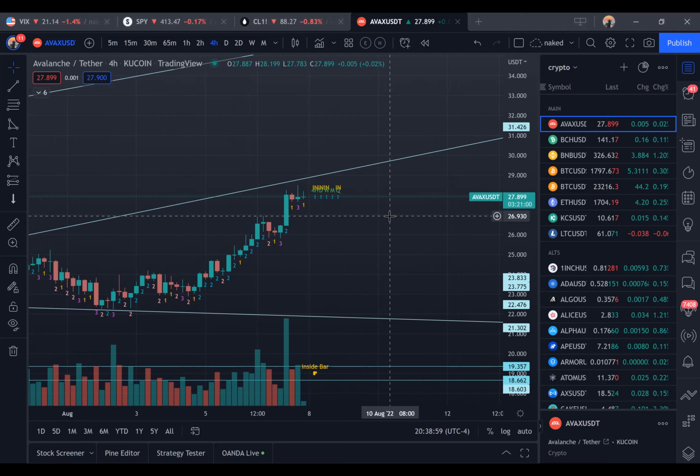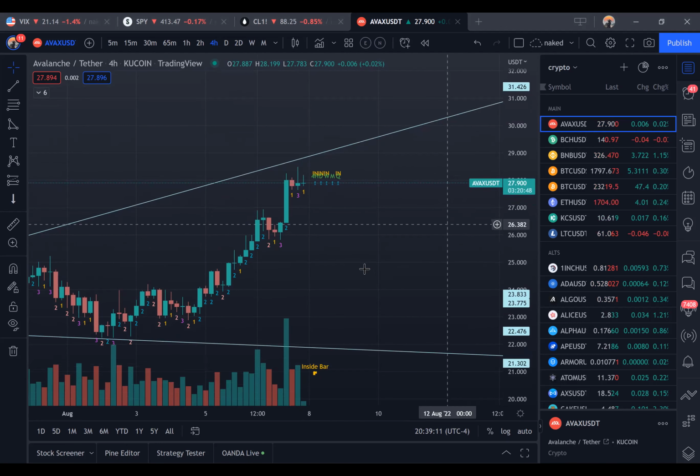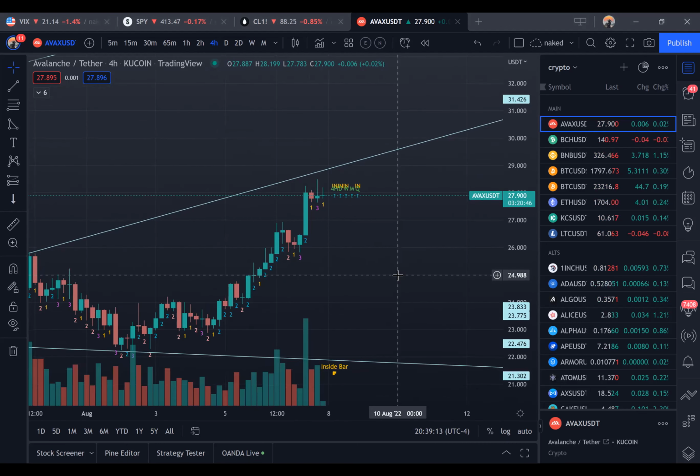So today we're going over a TTO, which is short for a triangle layout, a Rob Smith word based on the Strat. A TTO is essentially a corrective activity, or you can look at it as a pullback before it continues in the trend.